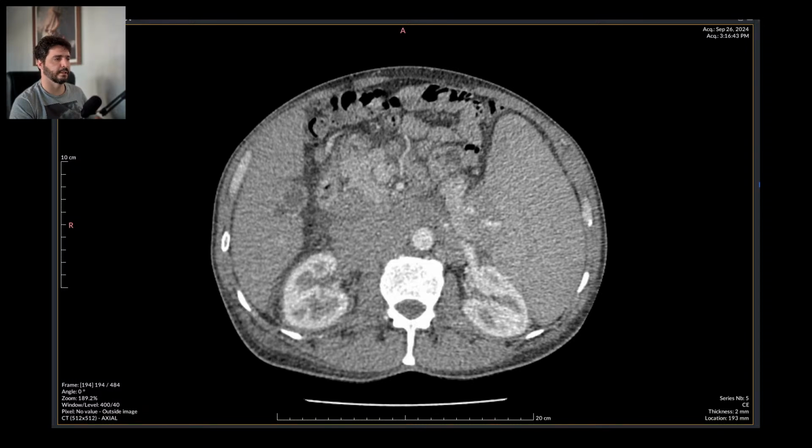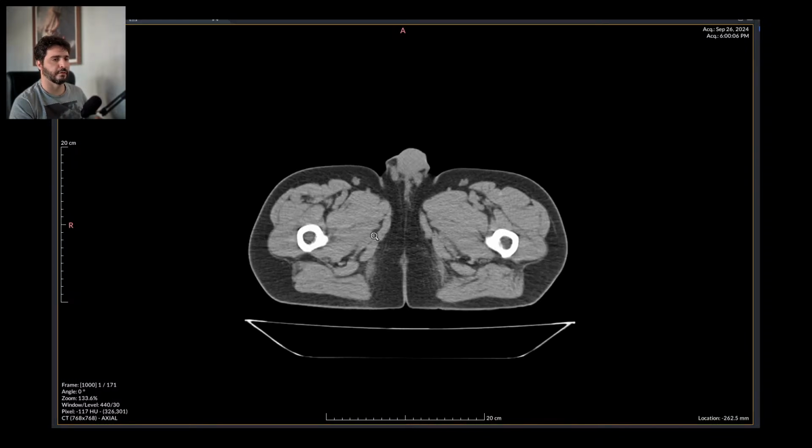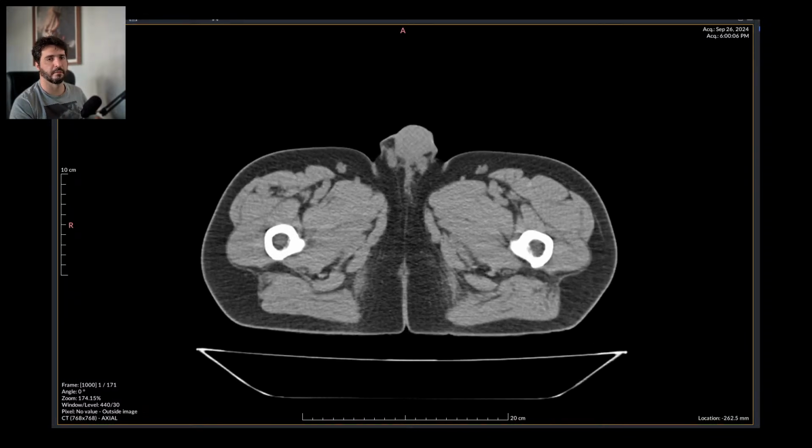So I just got another abdominal CT scan. This is a 58-year-old male, and he has left-sided abdominal pain. So this is unenhanced and has no clinical data that we can make some sense of. Oh yes, of course. Come on.